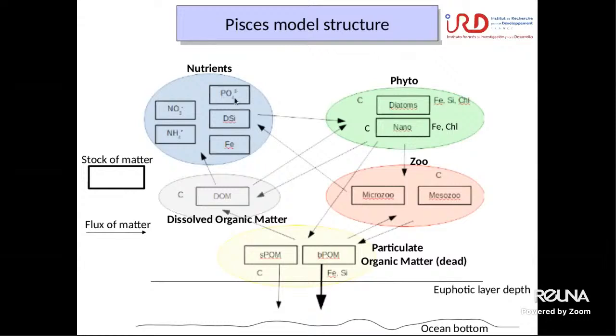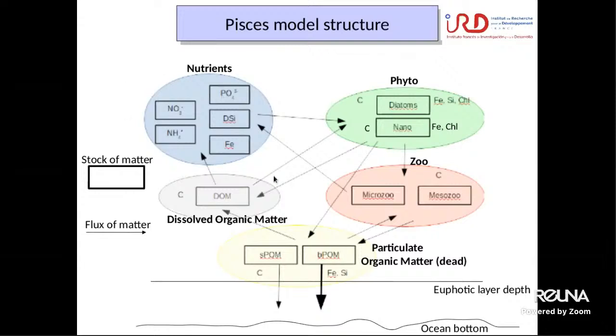As I said in the previous course, these different compartments interact. In this diagram, the squares are the stocks. They represent stocks of matter. And the arrows represent fluxes of matter between the compartments.